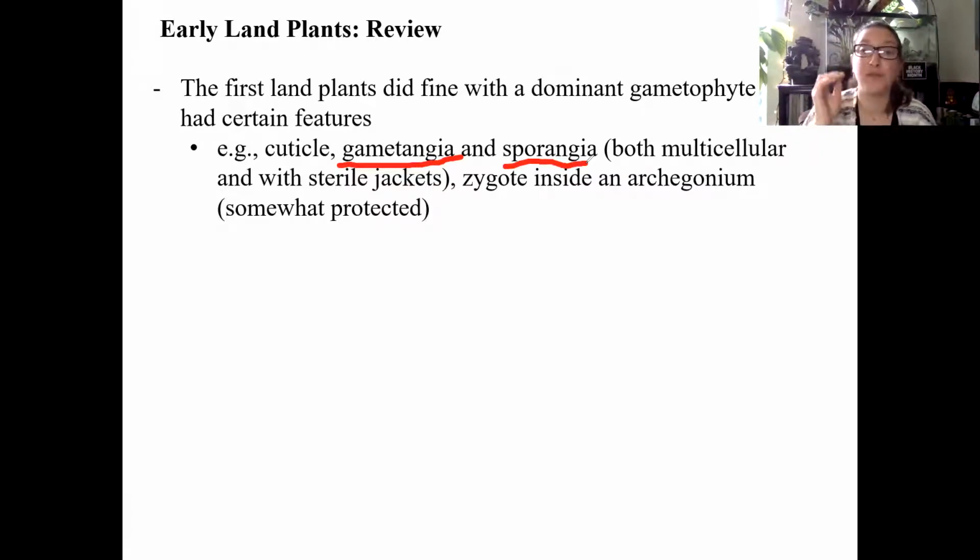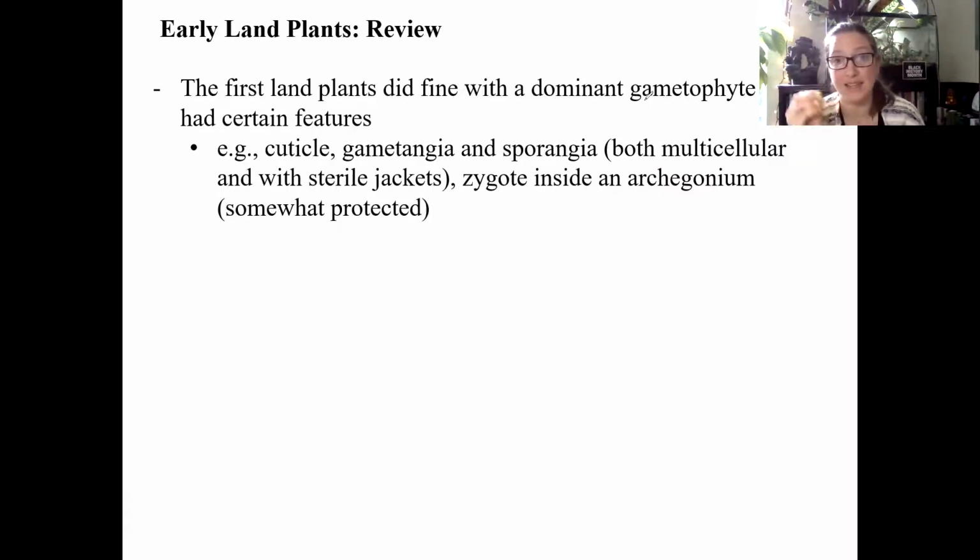So this is saying those first land plants had antheridia and archegonia that were multicellular and sporangia that were multicellular, which is not what plants had when they lived in the ocean or the water. So that was a big leap: multicellular sex organs and a multicellular spore-producing organ.